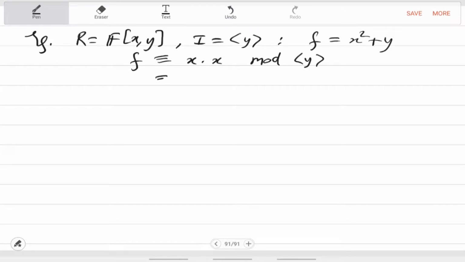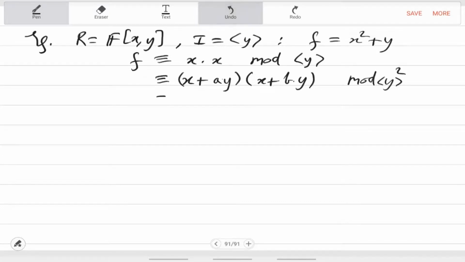So suppose it lifts, right? What do you get? Say it lifts like this: x plus a multiple of y, some perturbation, and here some other perturbation, mod y square.